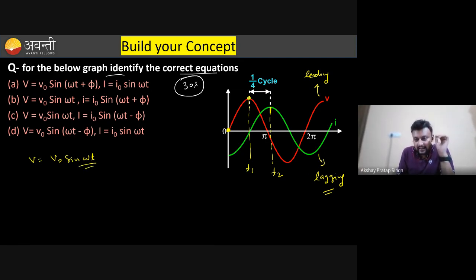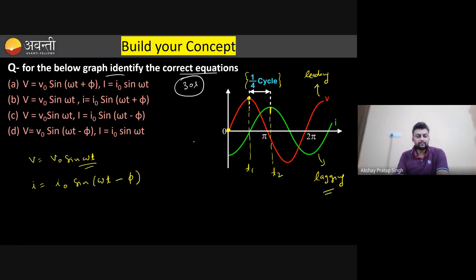Now the current is lagging behind, so I equals I naught sine omega t minus some angle phi.